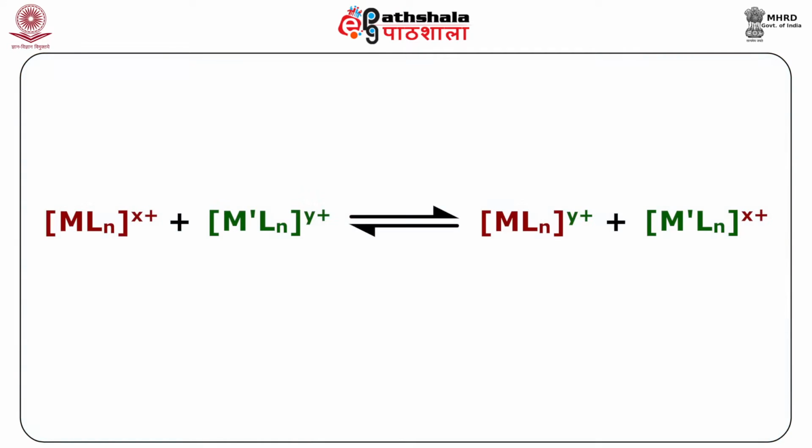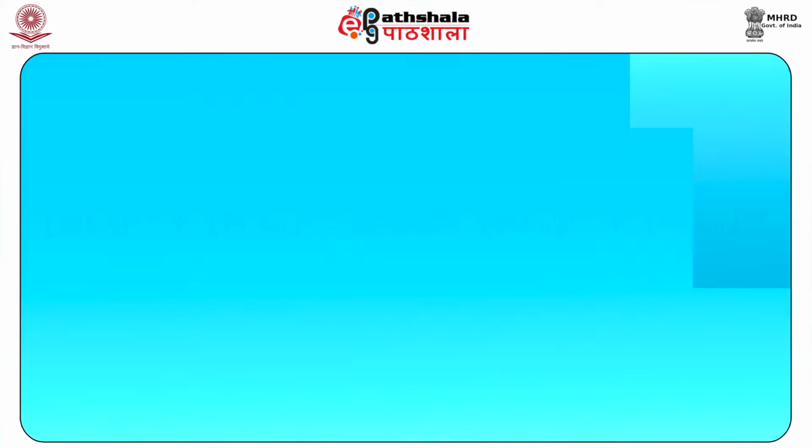In general, the scheme shows MLnX plus M'LnY plus. The metals are different for the cross reaction, whether the ligands could be the same, or the metal could be the same and the ligands could be different. This leads to the formation of MLnY plus and M'LnX plus. So the X goes to Y and the Y goes to X.